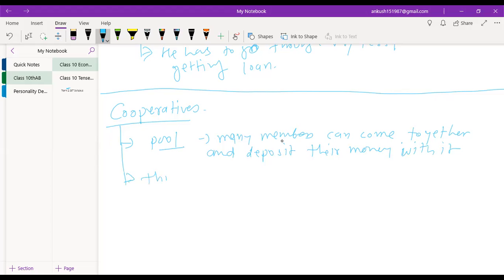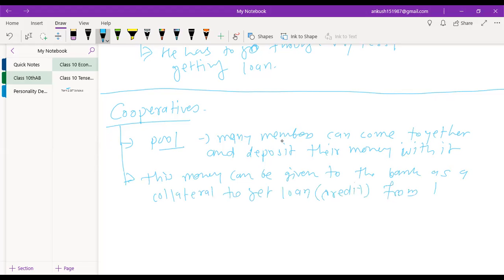This money can be given to the bank as a collateral to get a loan or credit from the formal credit sector, and that is a bank.